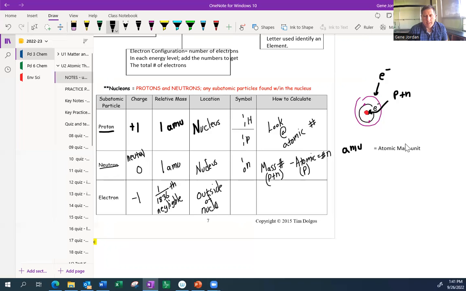But one big one is that it found out the atom had a lot of empty space in it. You'll notice that there's a -1 here. How do you calculate the number of electrons? The number of protons always equals the number of electrons, as long as it's a neutral atom.